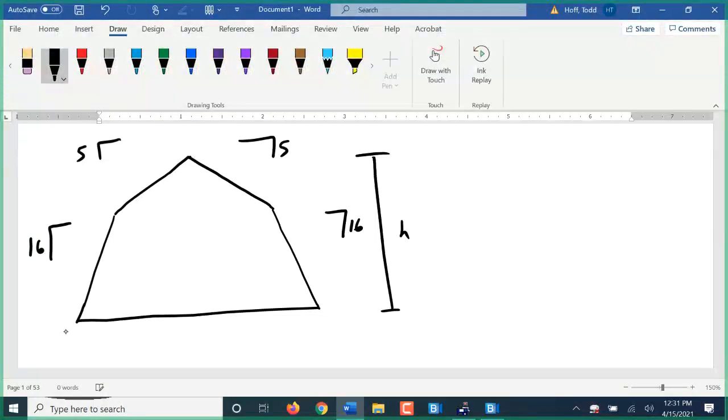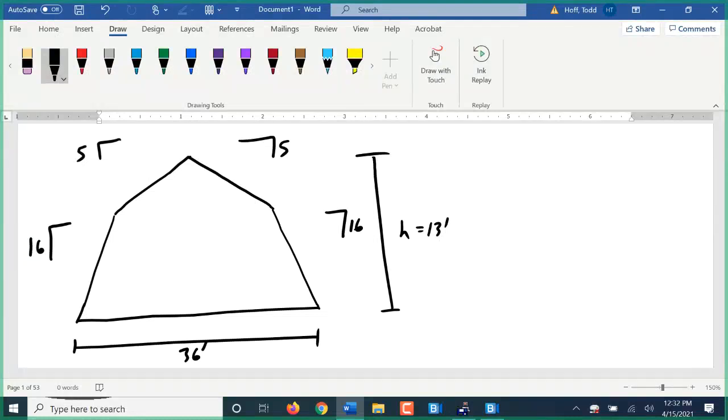We'll go ahead and give you an overall height of 13 feet, and a span of 36 feet. Okay, so we have those dimensions.